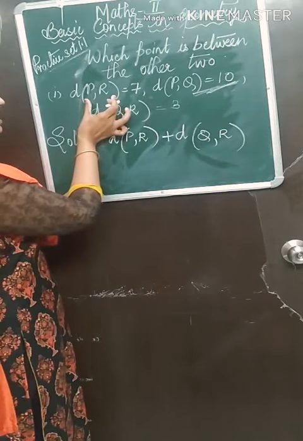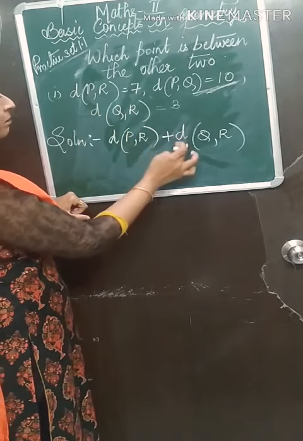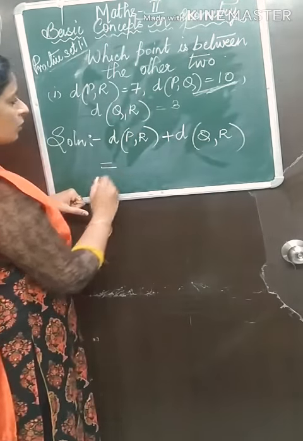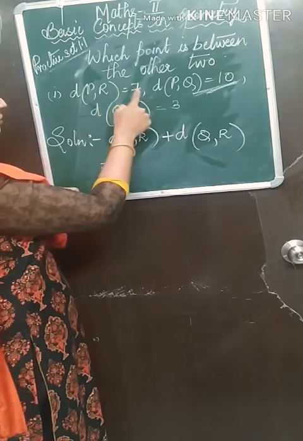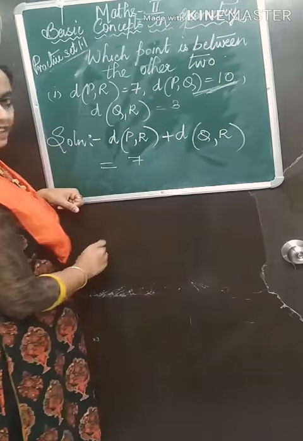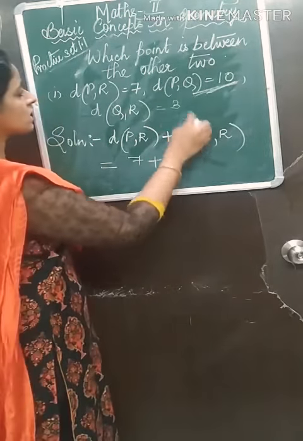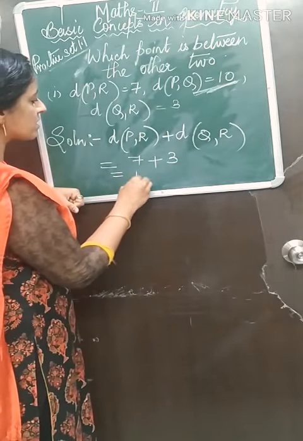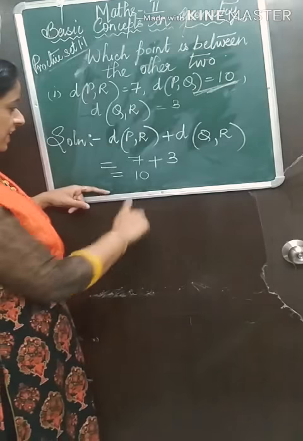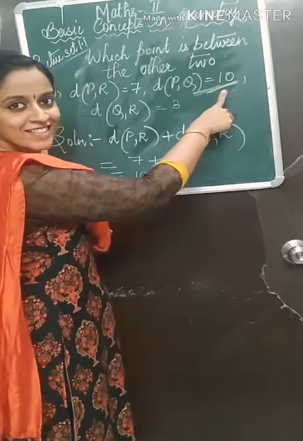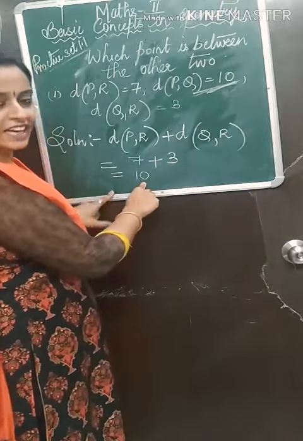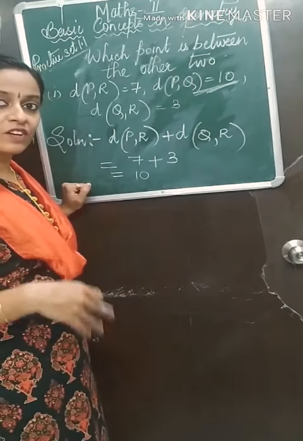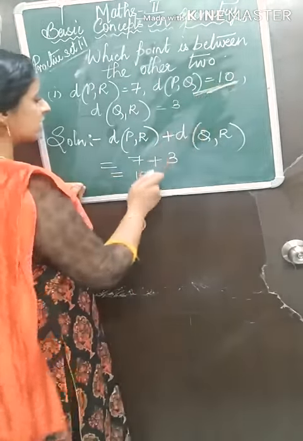Distance between P comma R is 7 plus distance between Q comma R is 3. How much is 7 plus 3? 10. You are getting the same as the third distance, the higher number that we did not touch.